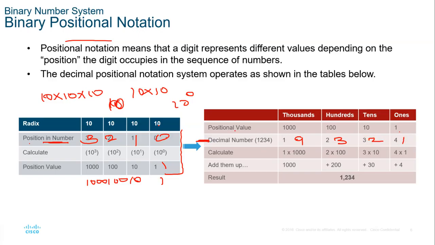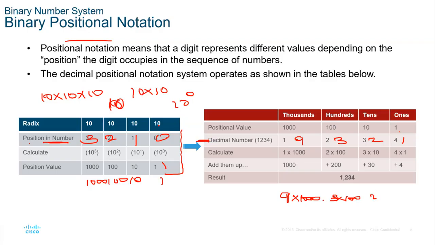But we have the positional values. The 9 is in the position with value 1,000, so it will be 9 times 1,000. Then we have a 3 with position value 100, so 3 times 100.